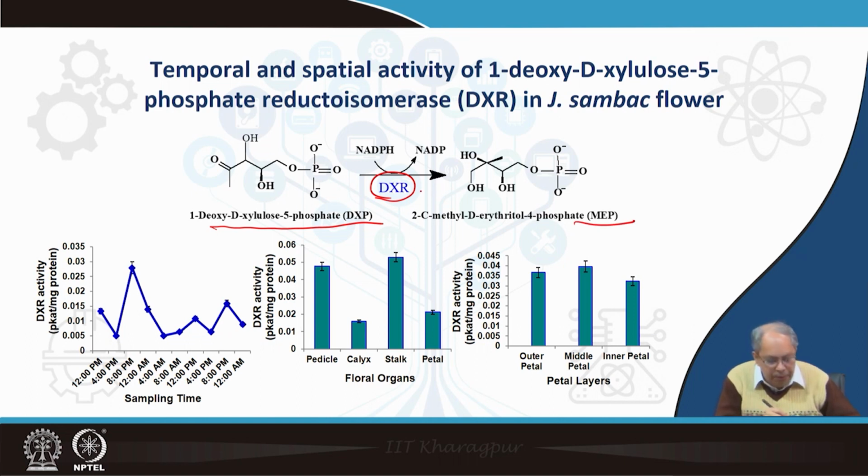The activity was measured throughout the floral lifespan, and you see the activity follows a typical rhythmic pattern. Similarly, different parts of the floral tissue were also analyzed, and the petal layers were also analyzed.